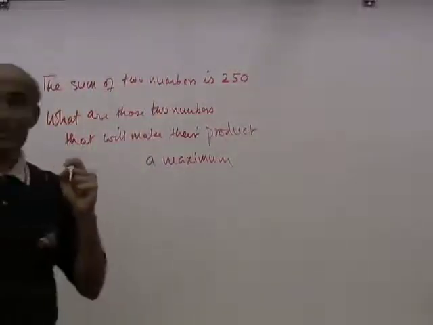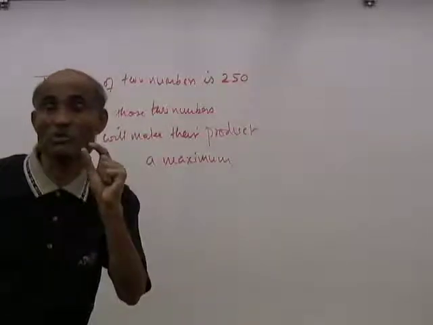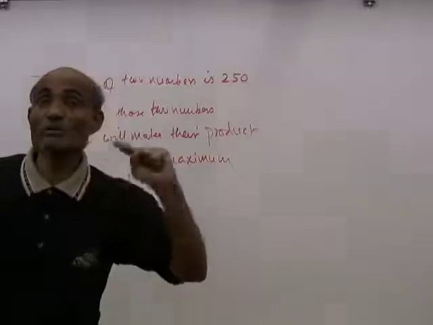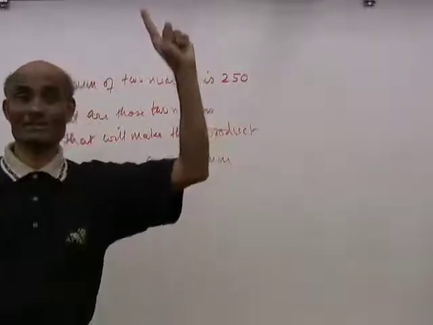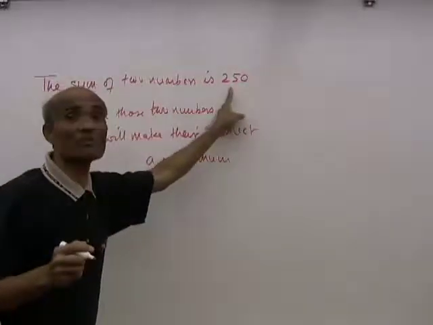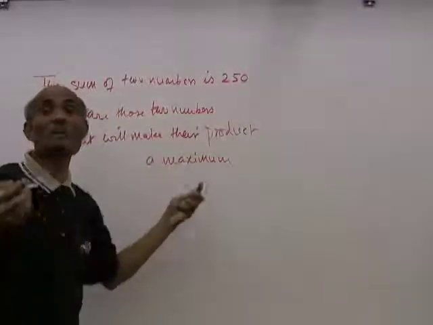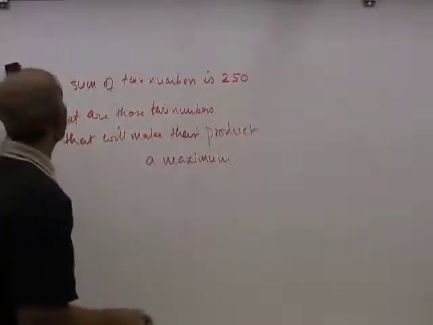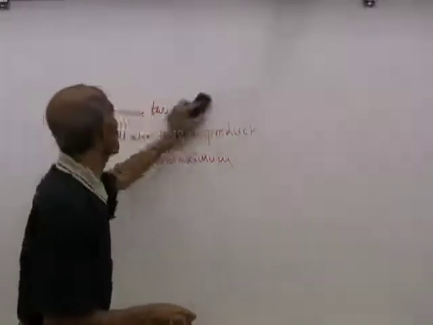But there are just two numbers that will add to give you 250, and the product will be a maximum. We need to find two numbers such that they add up to 250 and the product is a maximum. So let's take away this illegible writing and transfer that into mathematical interpretation.